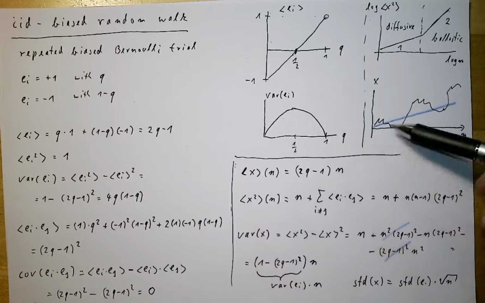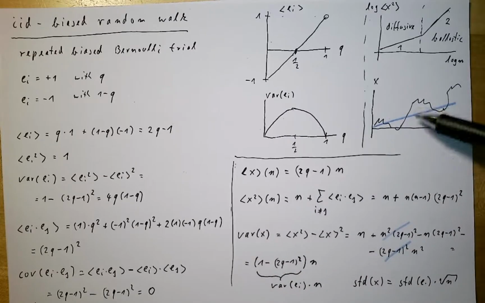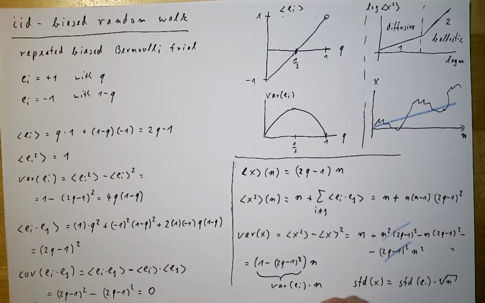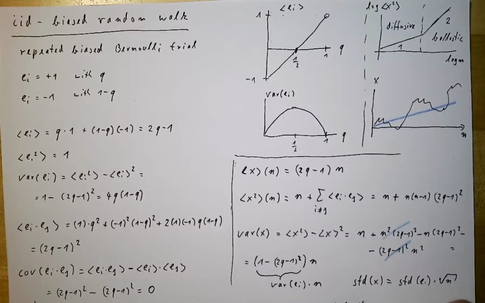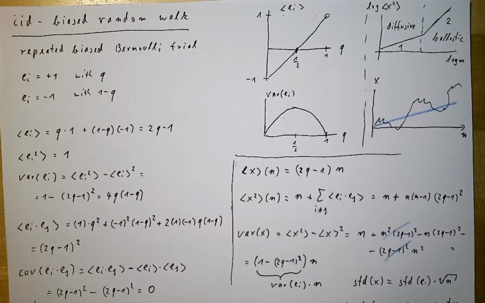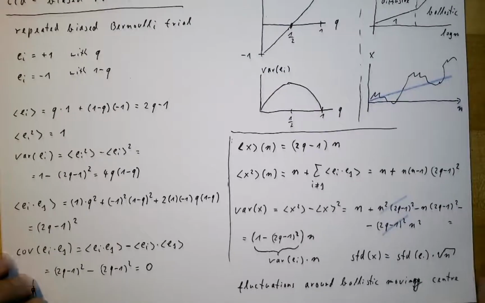So we have fluctuations around the ballistic moving center.